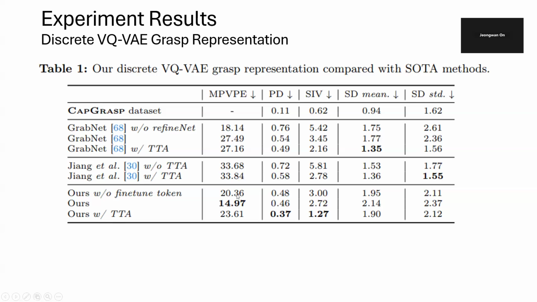For most of the metrics, for MPVPE, PD, and SIV, the top scoring ones are from their model, some variant of their model. For SD mean and SD standard deviation, the best one is GrabNet with TTA for SD mean, and Jiang et al. with TTA for SD standard deviation.